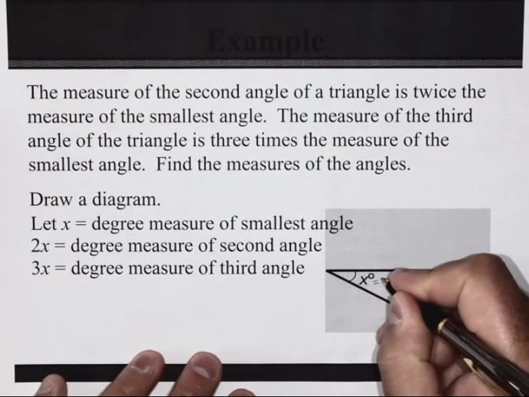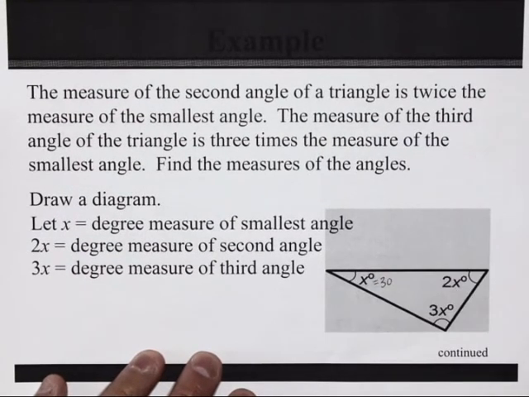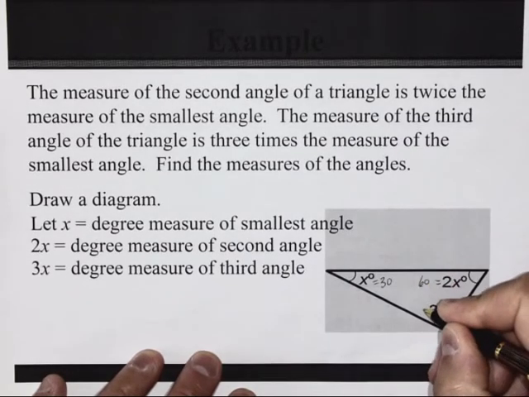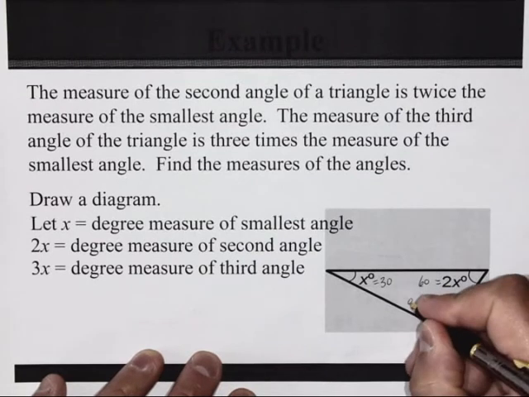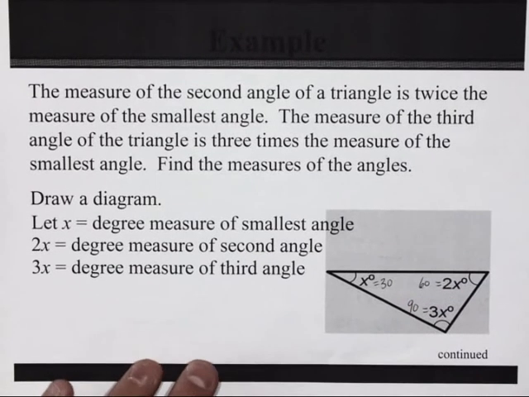So that means that x is 30. That means this angle is 30. So this angle is 2 times x. Well, if x is 30, that's 2 times 30, which is 60. And this angle is 3 times x. If x is 30, that's 3 times 30, which is 90. So we're looking at a 30, 60, 90 triangle. And the way that I can check myself, if I add all of those angle measures together, it should equal 180. And it does.